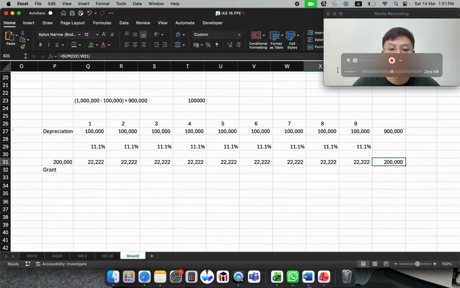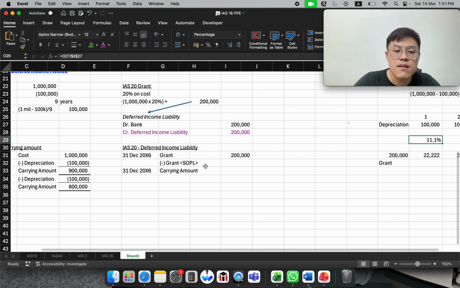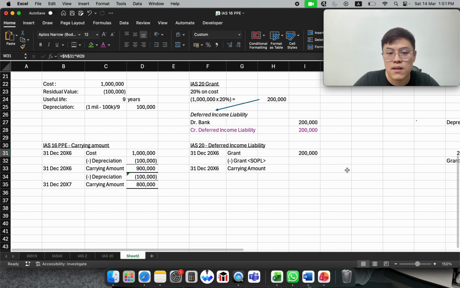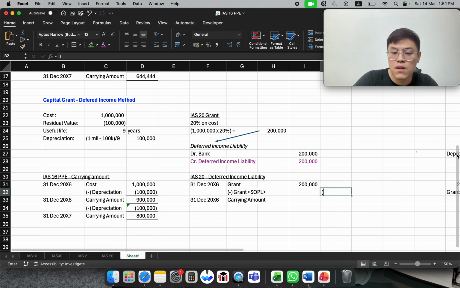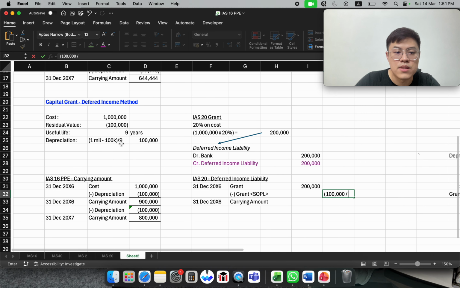So in short, we will follow the proportions of depreciation claim over that year. This will be calculated by using the depreciation that we made here, 100k this year, divided by cost minus residual value.